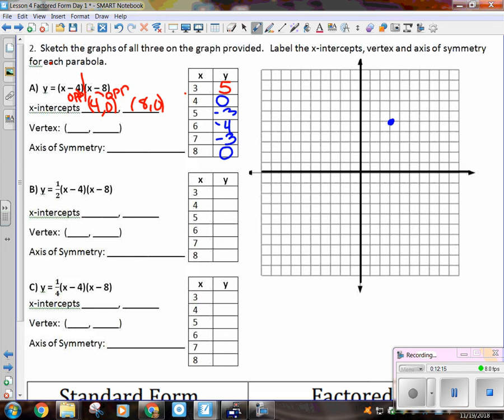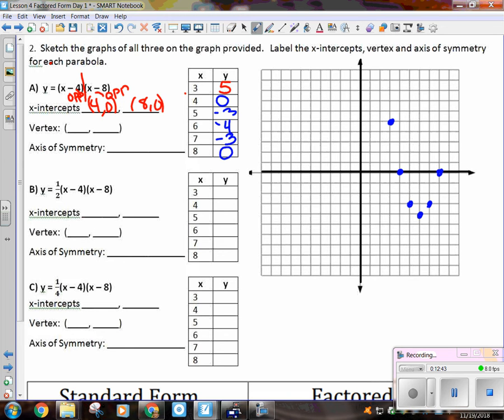Put a dot there. Over 4, and up 0. Over 5, down 1, 2, 3. Over 6, down 1, 2, 3, 4. Over 7, down 3, and then over 8, down 0.